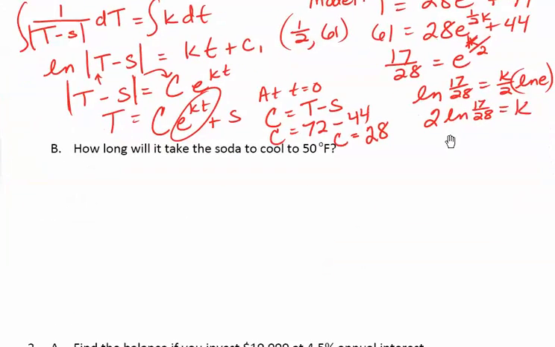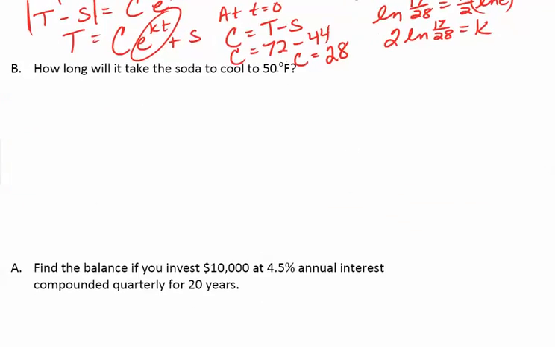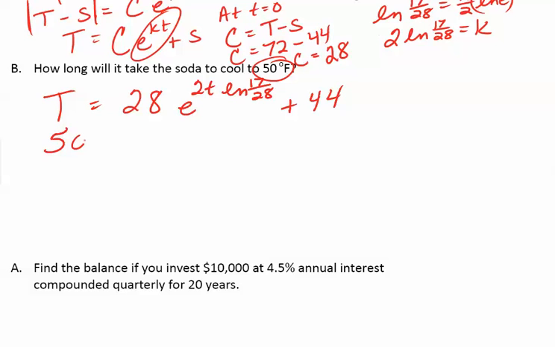And then next we need to find out how long will it take for the temperature to get to 50 degrees. So we're going to take our model that we've come up with, this formula, and we want to find out when will T be equal to 50.